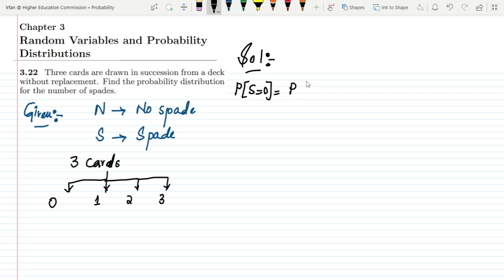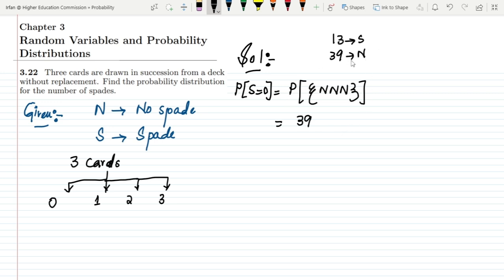We can have the event where all three items are non-spade, so it would be N, N, N. If the three items are non-spade, the total number of items is 52, and out of these 52, 13 are spades, while 39 are non-spades.